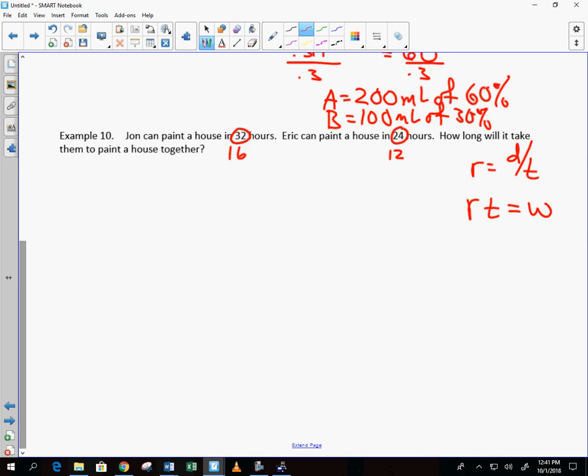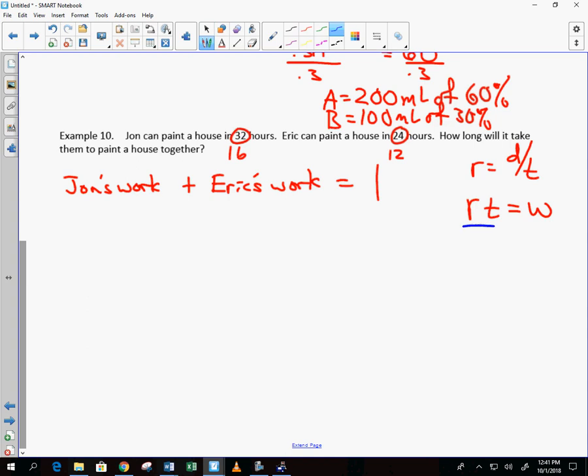I know this. If you take John's work and add it to Eric's work, that total work adds to one house that gets painted. You know, maybe John does 60% of the job and Eric does 40, or maybe it's the other way around. But we'll figure out how much of the job each one does. Well, fortunately, we've got a nice equation here.